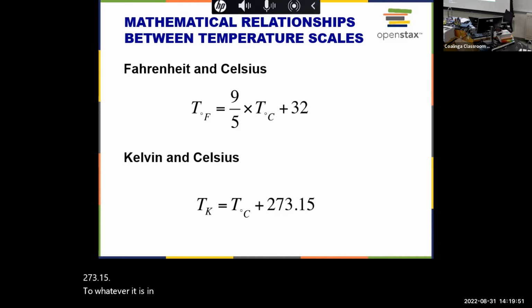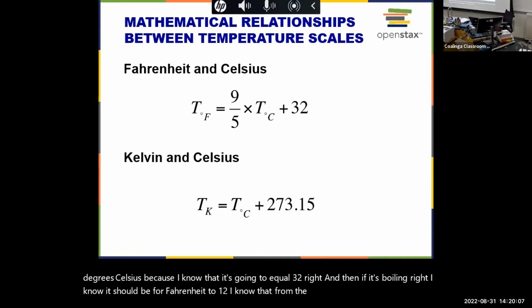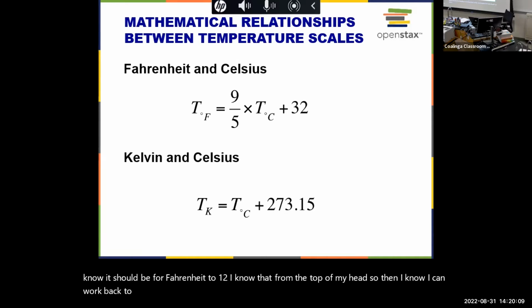When I'm converting from Fahrenheit to Celsius, I also use 0 degrees Celsius because I know that it's going to equal 32, right? And then if it's boiling, for Fahrenheit, it's 212. I know that from the top of my head, so then I know I can work back to that equation just in case. So I usually check it just in case because I'm good at flipping things around.